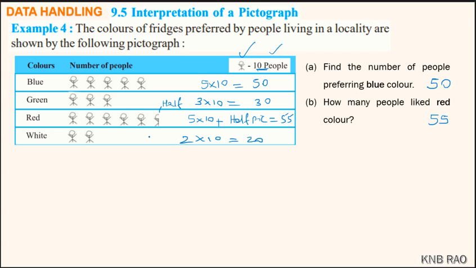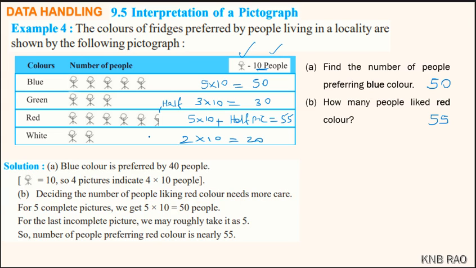Children, here I am going to show you how to write the solution for these questions for your exam. Whenever you are asked to interpret by giving this question and graph, you need to answer like this.